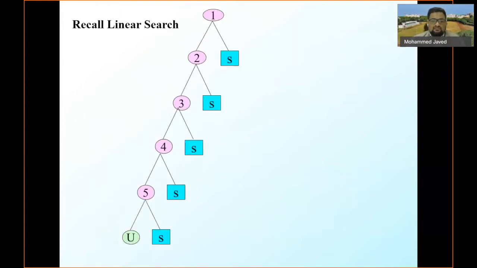So let us recall the linear search problem. Here, for example, there were 5 elements and their respective locations were 1, 2, 3, 4 and 5.